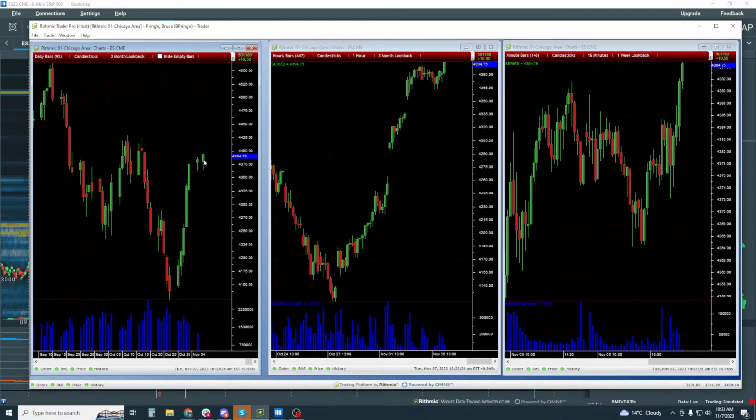We saw that this was green still, so we're looking for a test up into this 91 or 92 area here, this swing up here from Friday. Now we're above it. Okay, so we want to identify again, are there still a lot of buyers to come in here? Okay, and then maybe we can get back up into the 16 all the way up into about 28. Okay, 44.16, 44.28.